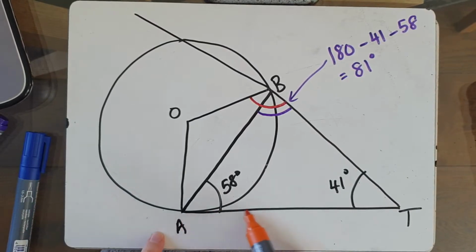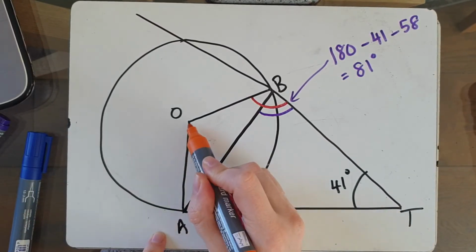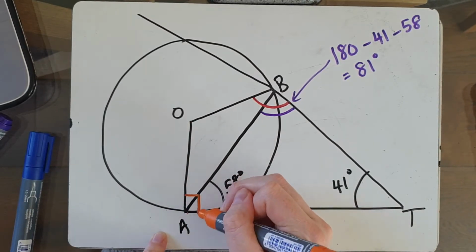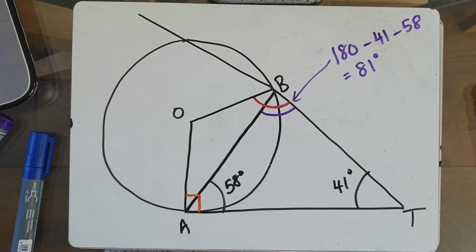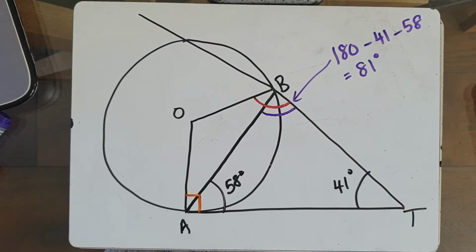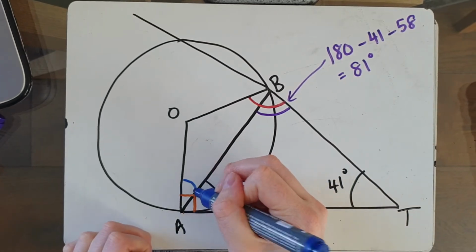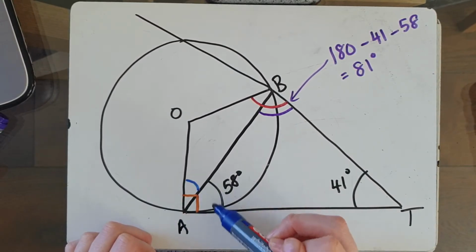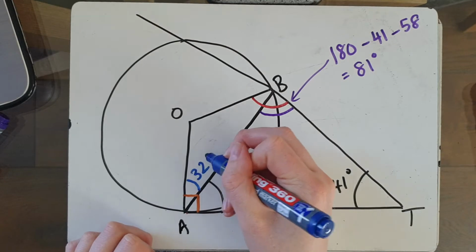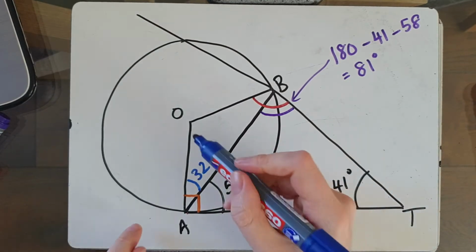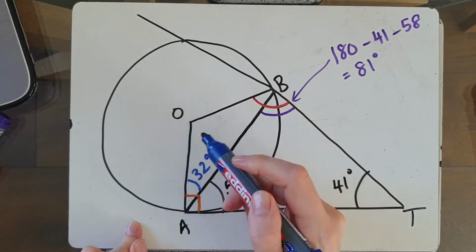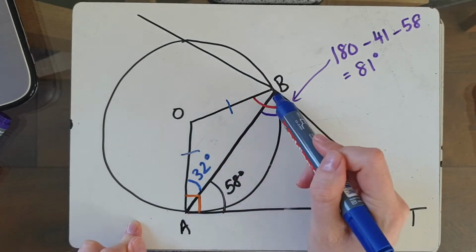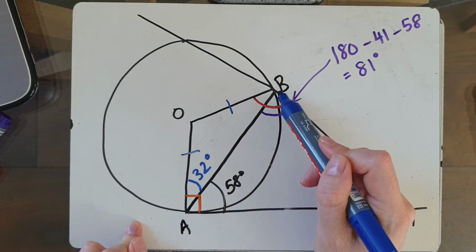Now, because this is a tangent, the angle between this radius and this tangent is 90 degrees, which means that this little angle here is 90 minus this 58. So it's going to be 32 degrees. And this triangle OBA is again an isosceles triangle. It's got two sides which are the radius of the circle.